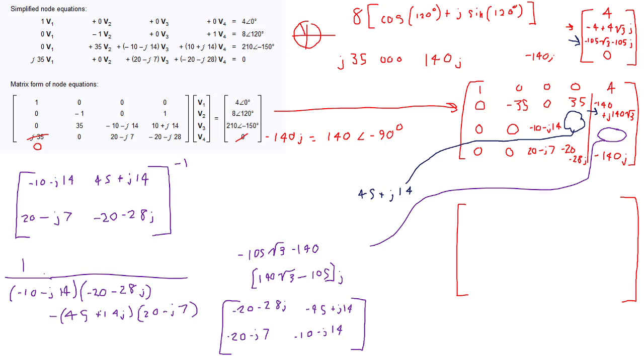So from here, it's a matter of calculating what's in the denominator, kind of making a mess of things. So that was just minus 140J.